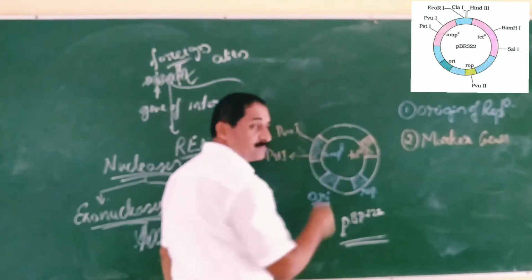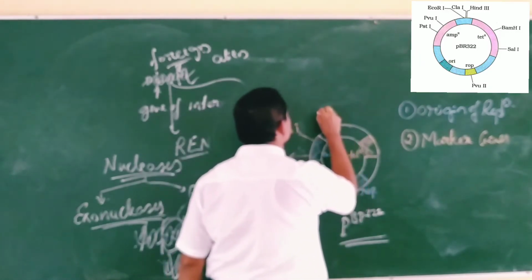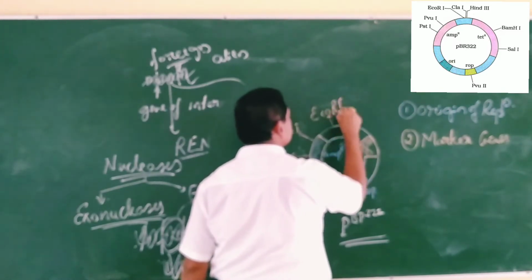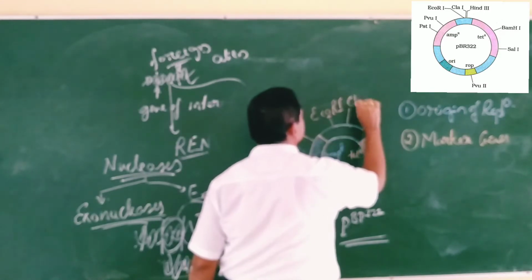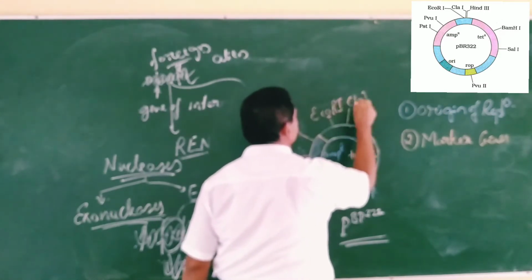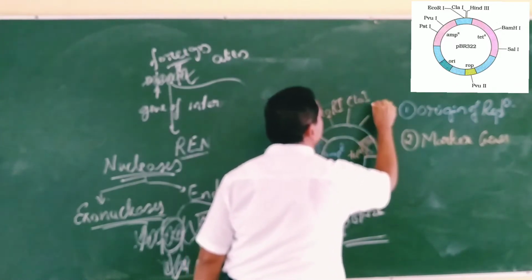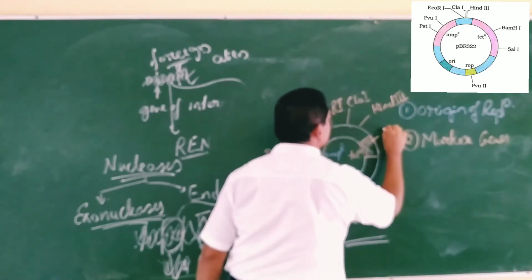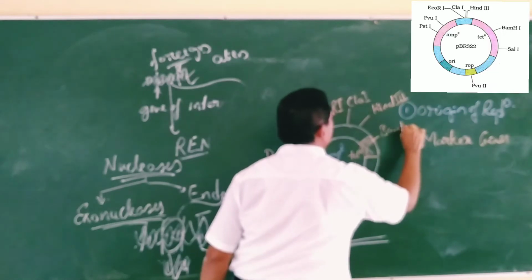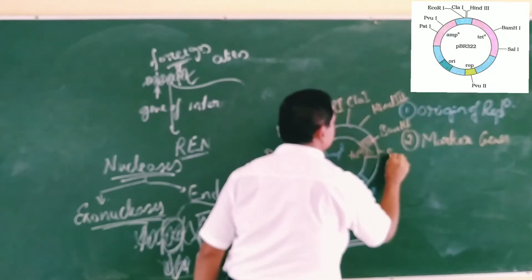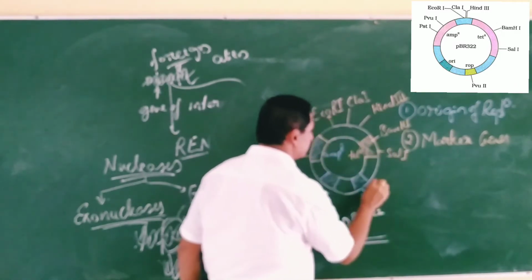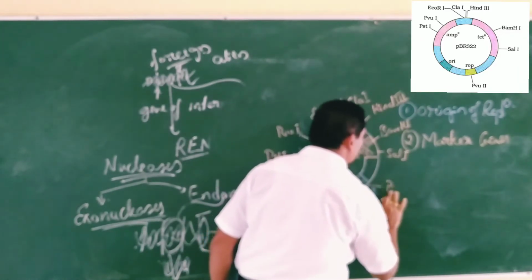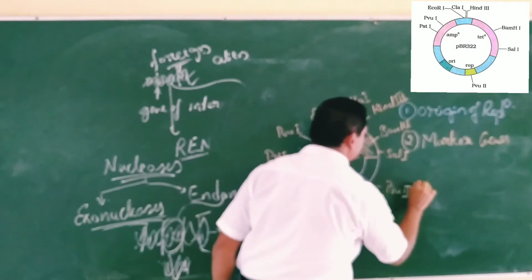We can see EcoRI that cleaves in this region, and ClaI, HindIII, BamHI, SalI, and a region that cleaves with the help of PvuII.